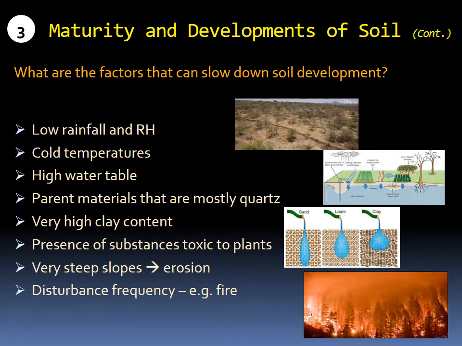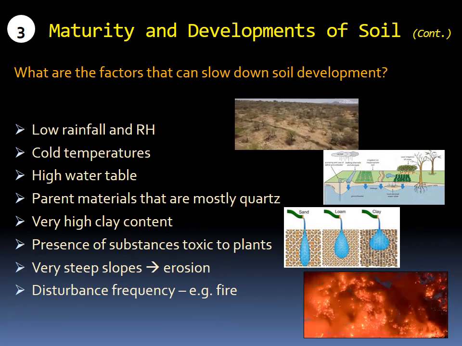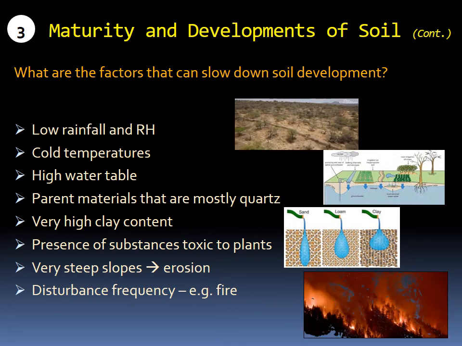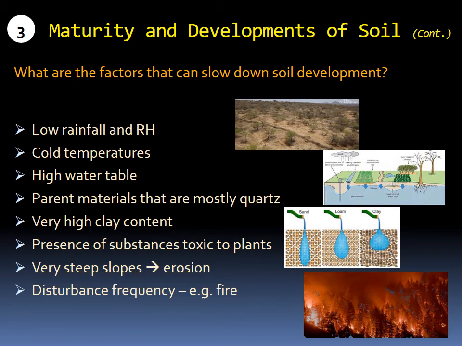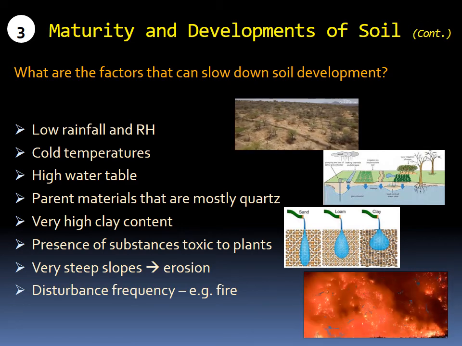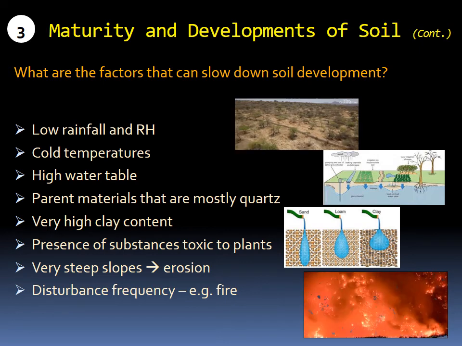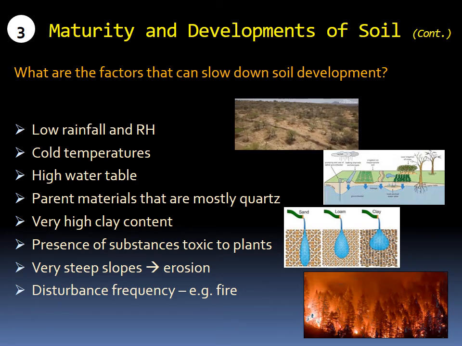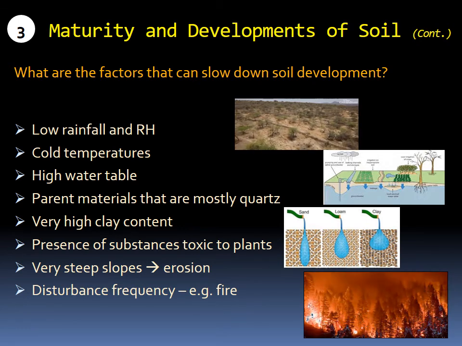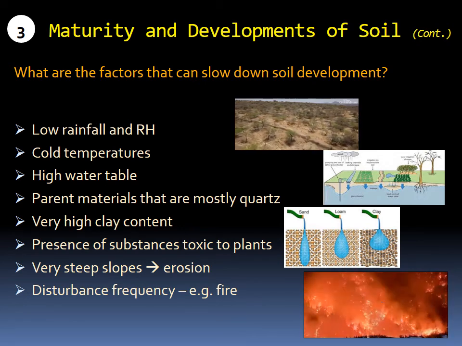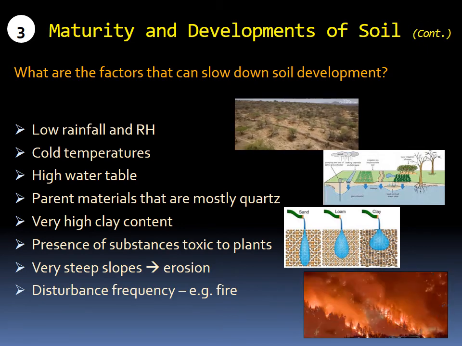The amount of clay also is another factor. If you look at the third picture, you would see that when you have a lot of clay, you slow down the water movement into the soil. And if you don't have a lot of water getting into the soil, you are eliminating the water, which can create a lot of chemical weathering, and it can also translocate things and move things from the top to the bottom, dissolve things, and so on.